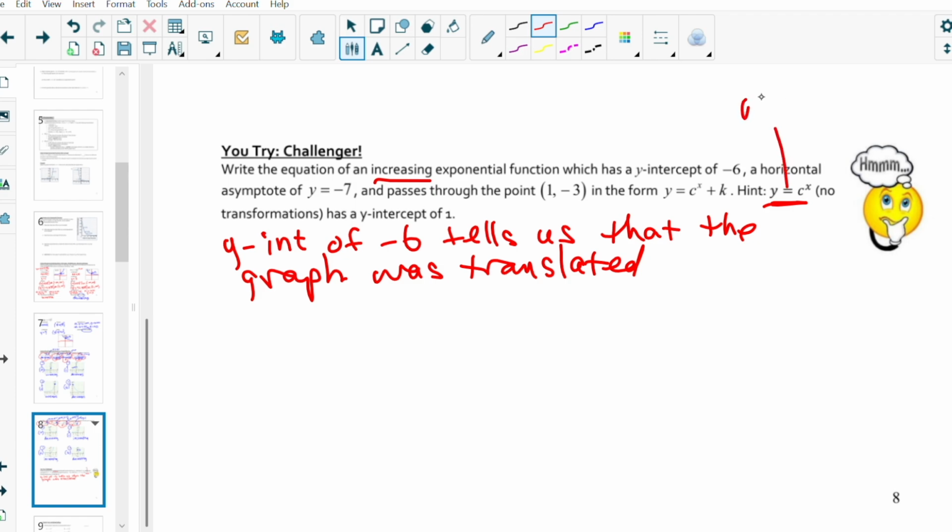What's the key characteristic of the classic increasing graph? The y-intercept is 1, so it's been translated. If there's now a y-intercept of -6, how many units has it been translated down? It's been translated down 7 units.